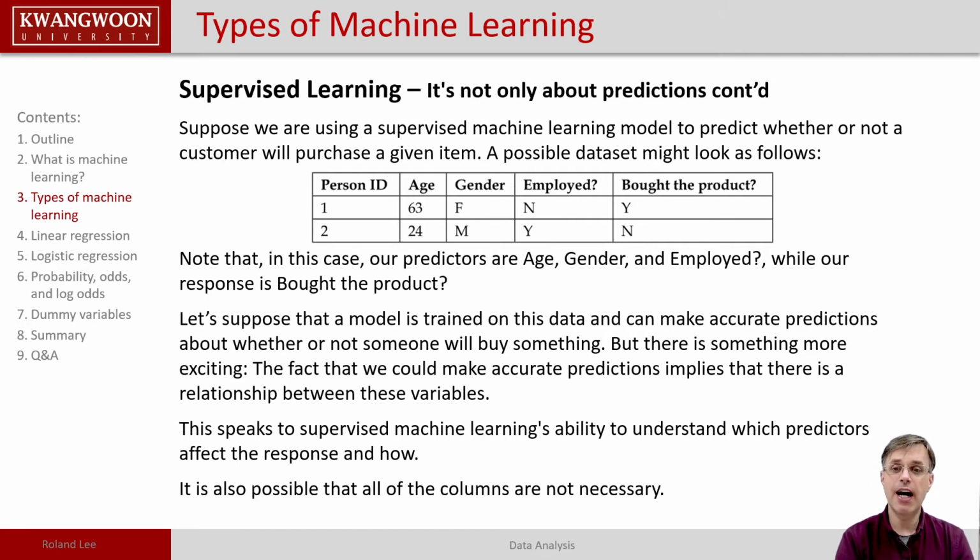Is a combination of age and gender a better predictor than any single column on its own? As someone's age increases, do their chances of buying the product go up or down or stay at the same level?